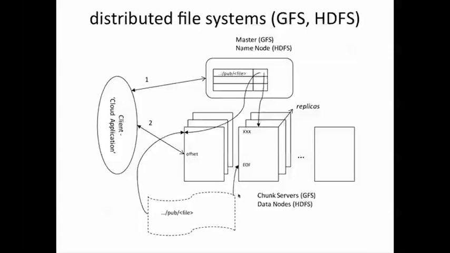Data about what parts of a file are on which chunk server is kept in a master node, which is called the master in GFS, and it's called the name node in HDFS. And the client reads the metadata from this master node. The metadata tells it where the particular offset that it is asking for resides, that is, which chunk server.